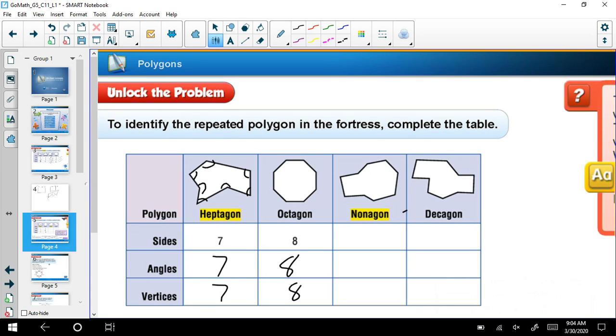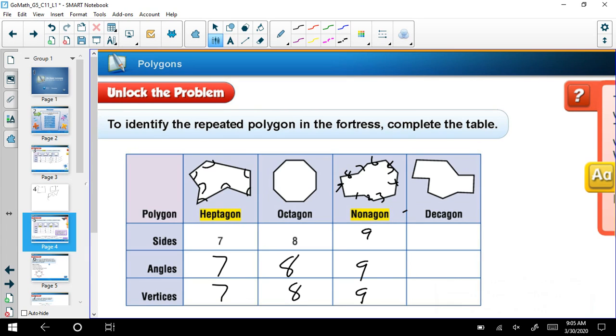I feel like this one's kind of easy because N in nonagon is the same letter that the number 9 starts with. And a nonagon has, in fact, got 9 sides, 9 angles, and 9 vertices. Again, 1, 2, 3, 4, 5, 6, 7, 8, and 9.